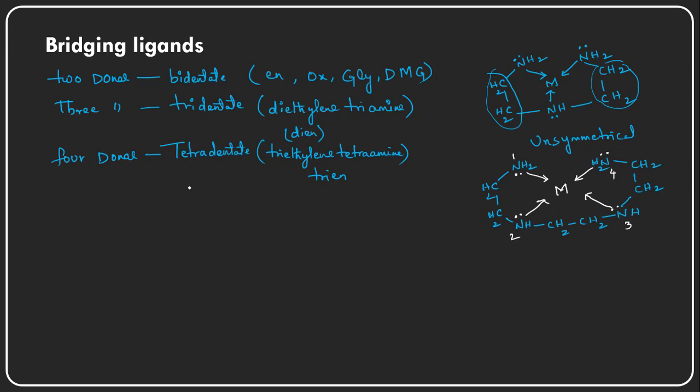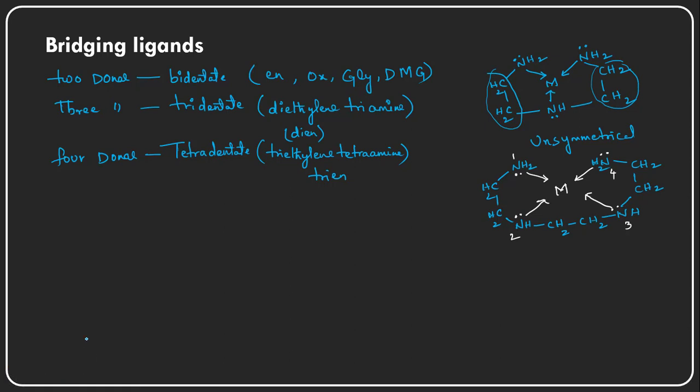Three ethylene diamine units are there, so it is called triethylene tetraamine. 1, 2, 3, 4. Tetra means 4. So triethylene tetraamine is the example for this.